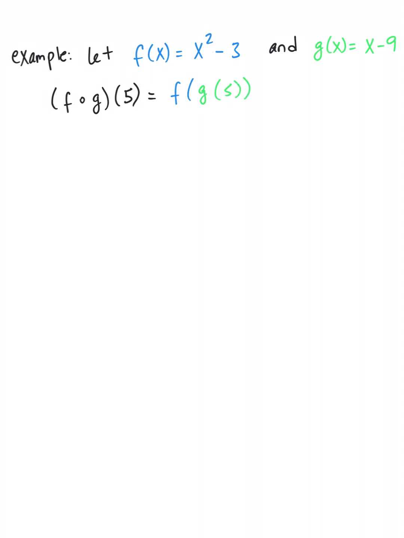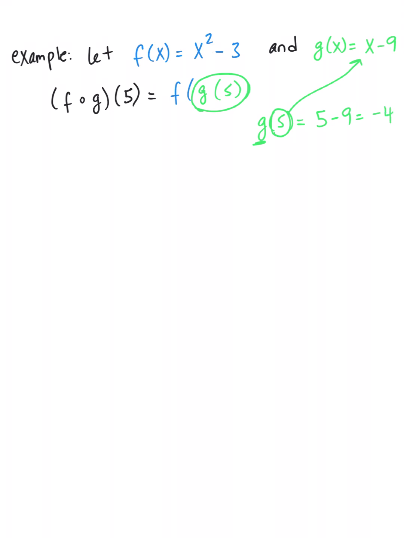And what we need to do is find what's in parentheses first. So we are going to find g of 5. We know that we need to go to our function g of x and plug in 5 for the x. So we'll have 5 minus 9, which is negative 4.